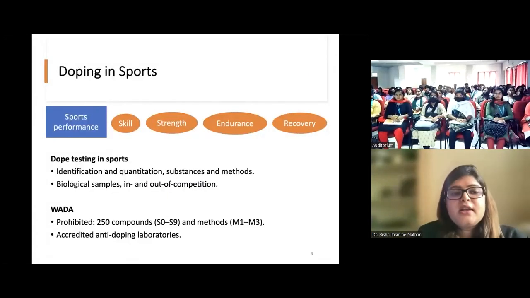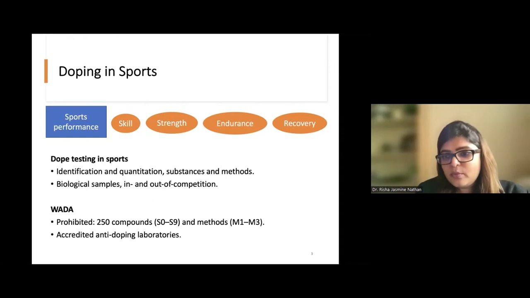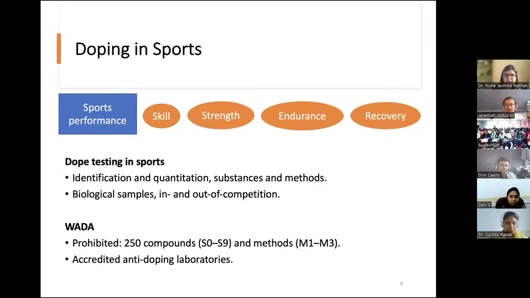All right, so quickly going through doping in sports. What is doping? Basically, anything that enhances sports performance. Any drug or any method that increases strength, skill, endurance, or recovery is categorized as a sports performance doping agent or method.